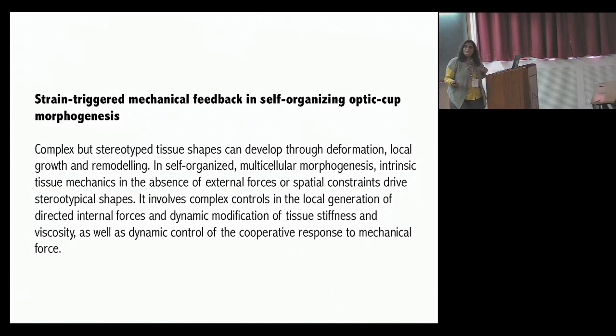So essentially, what I think this sort of work shows is that you can have deformation-triggered mechanical feedback and self-organization that together contribute to complex but stereotypic tissue shapes. And what this requires is intricate local control of forces and tissue material properties.